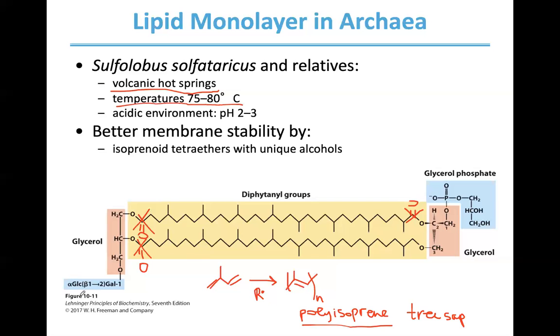All right, and you can see also here that it has sugars, right? It doesn't have phosphate, but has sugars. So this is a glucose and galactose, right? Glucose, beta 1 to 2, and galactose. So you know how to read this nomenclature.